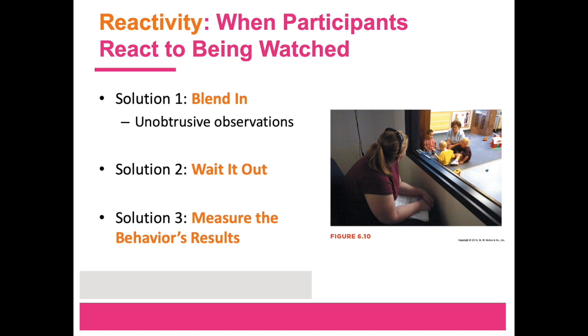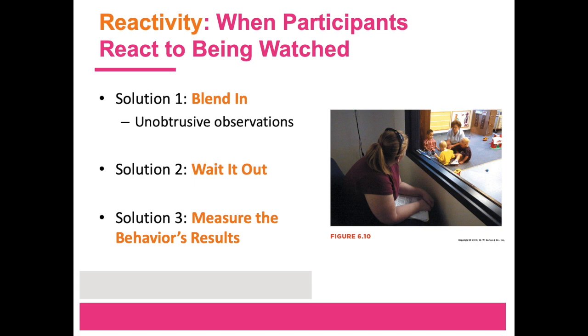So solution number 1 is blend in. So in this picture, this individual is behind glass, so these individuals over here cannot see her observing. They can't see her writing things down. Another one is waiting it out. If that approach isn't possible, what you can do is not collect data until your participants are comfortable with the observer being there.